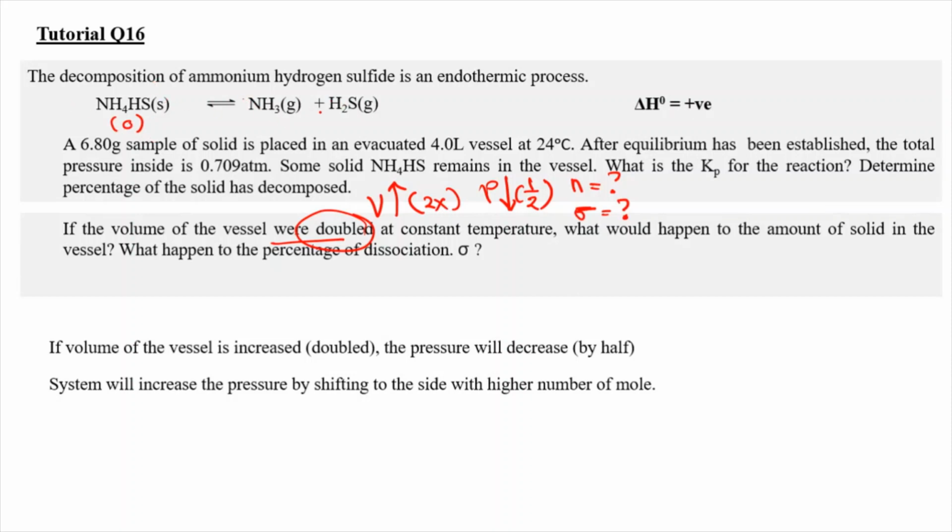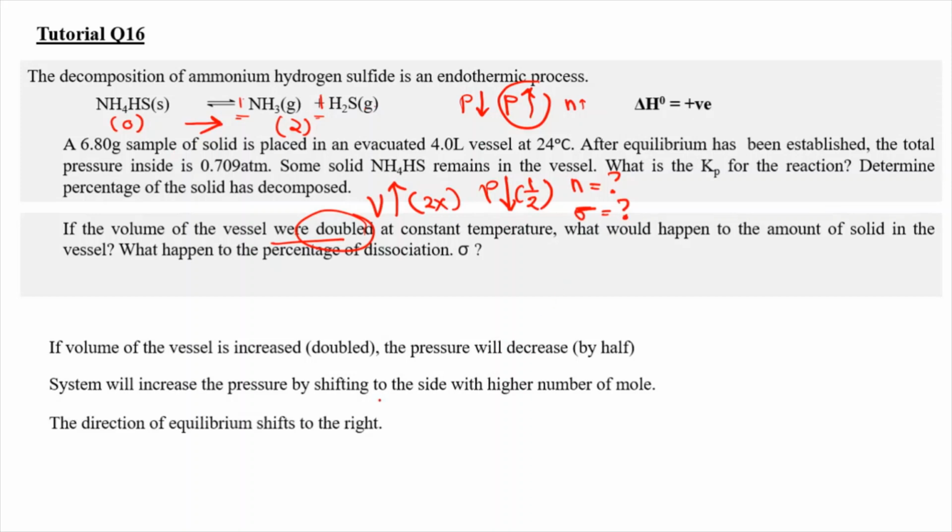From here, we have 2 number of mole because we have 1 here and then 1 here that is related to the gaseous. And because you know that when the pressure decreases, we need to increase back the pressure by going to the side with a higher number of mole, it needs to go to the right hand side.